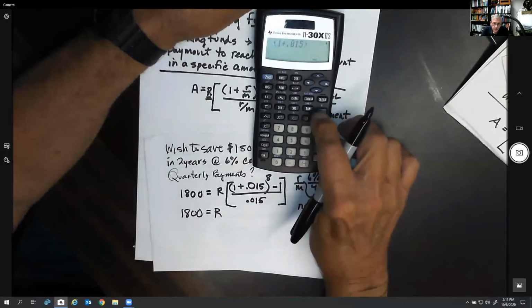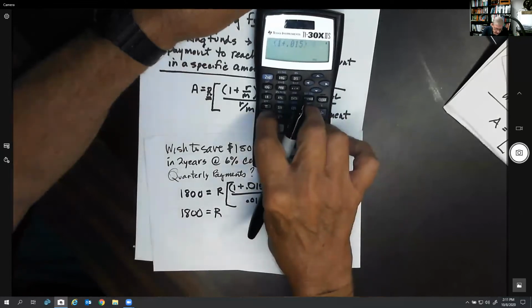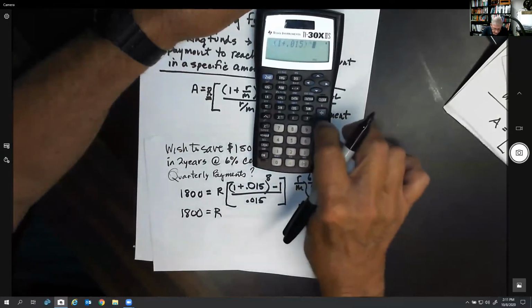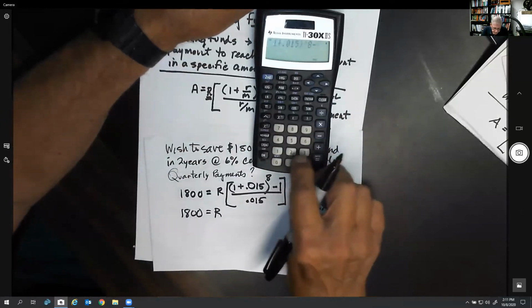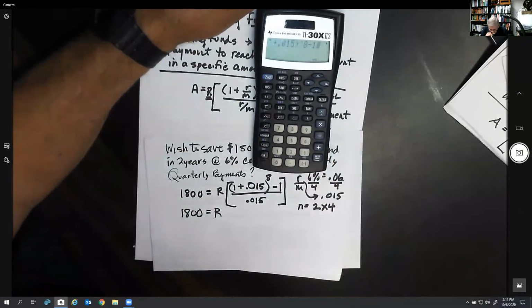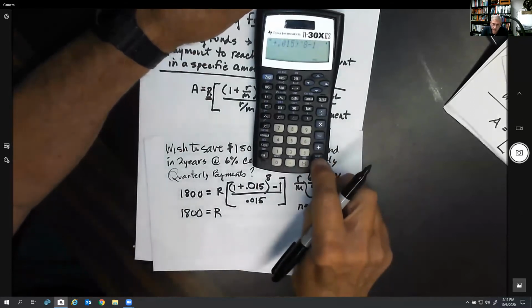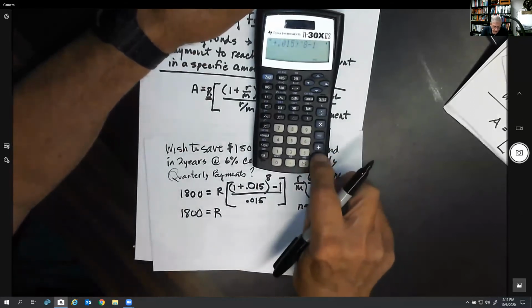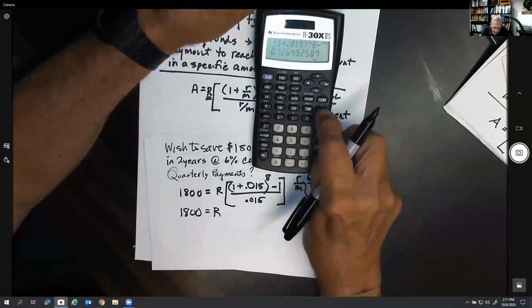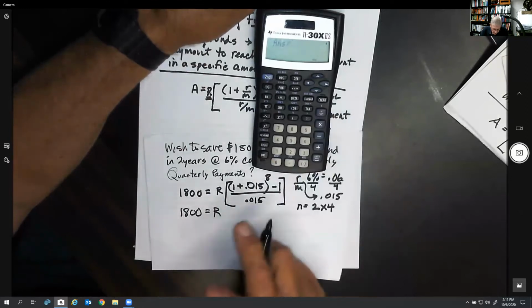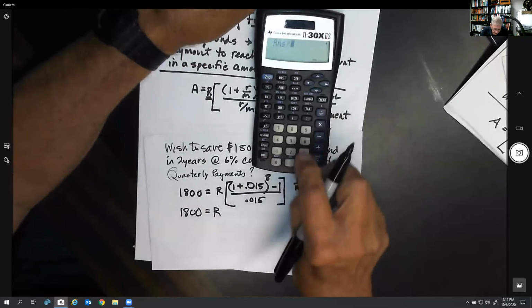Raised to, let's finish the parentheses, raised to the 8th power minus 1. Now I like to just go ahead and hit equal here so that I can see what that came out to be. And I'm going to divide that by the 0.015.